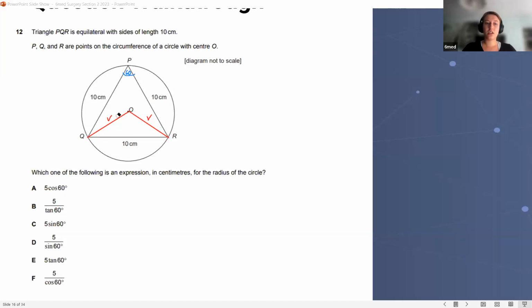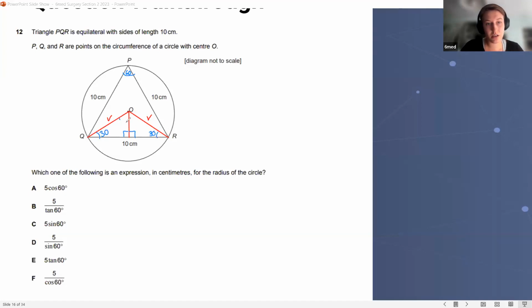Okay, so thinking about that there, I also know I can divide down here and essentially create two identical right angled triangles. So this angle here would be a right angle. This angle would be half of the 60 degrees, so that would be 30.